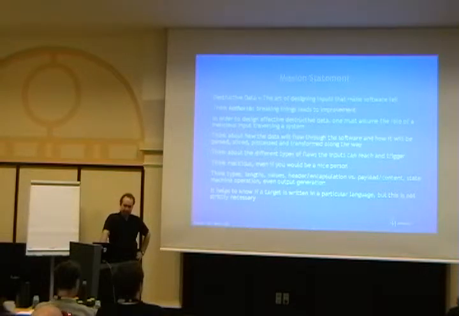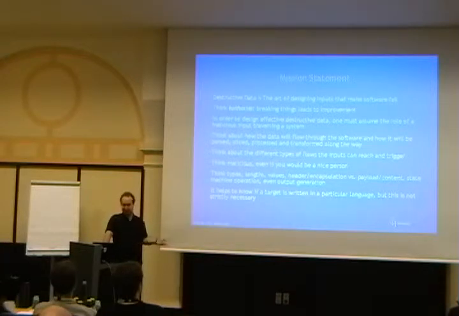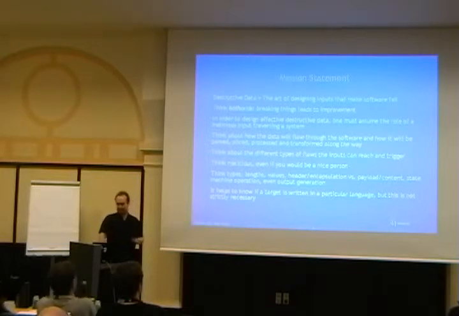Most of the time it helps to know whether your target is written in C or C++. That's kind of an obvious thing, but it's not always strictly necessary. You can also start creating malicious inputs and later find out what conditions are being triggered. So when designing malicious inputs and injecting them into your target system, you might accidentally find out that the target is written in a particular language because of the types of vulnerabilities you are unveiling.